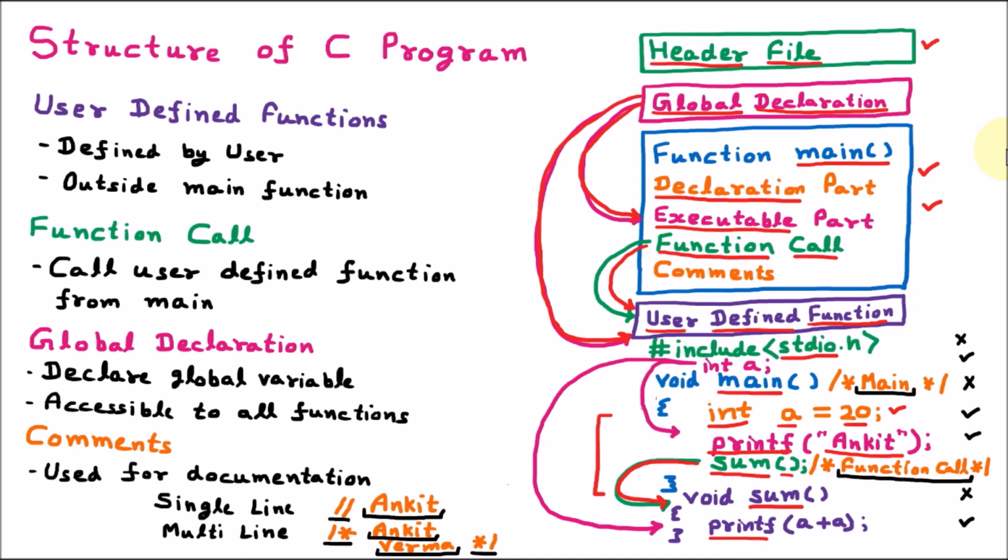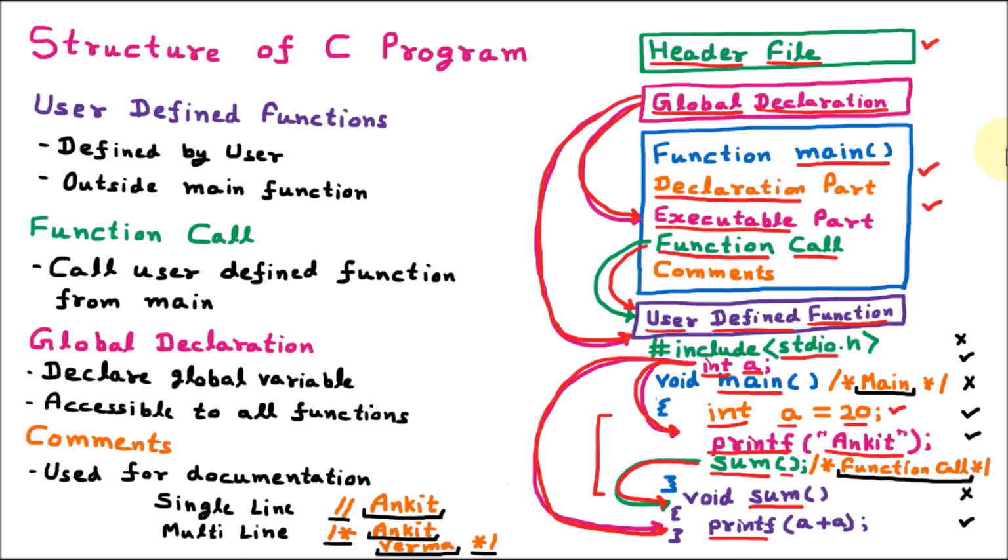Here above the main we have defined int a. This a can be used by the main function as well as by the user defined function which is sum. So this is the global variable which is globally accessed by everyone.